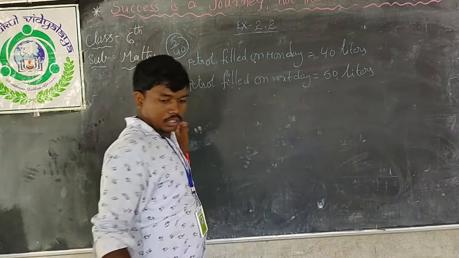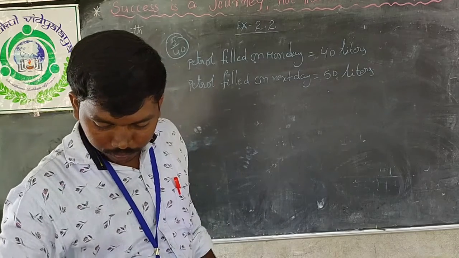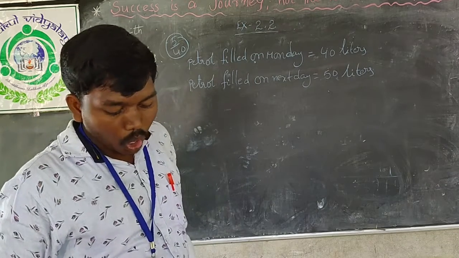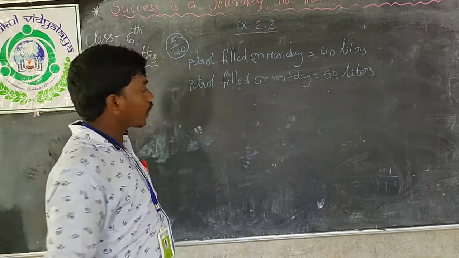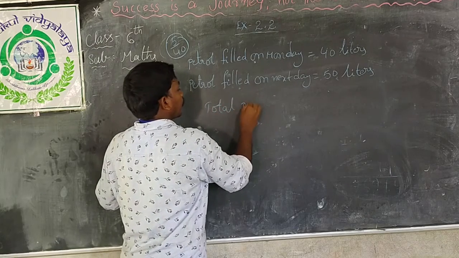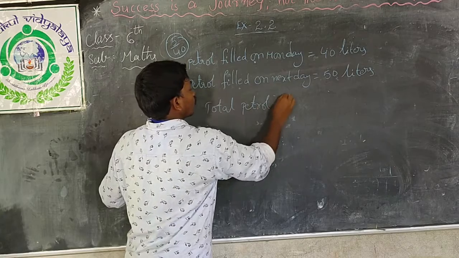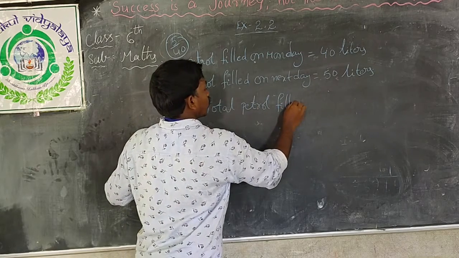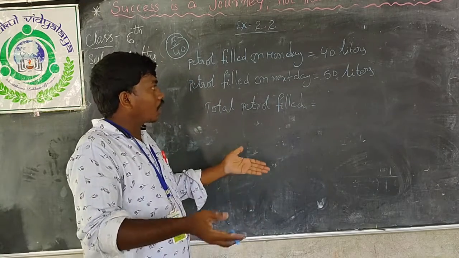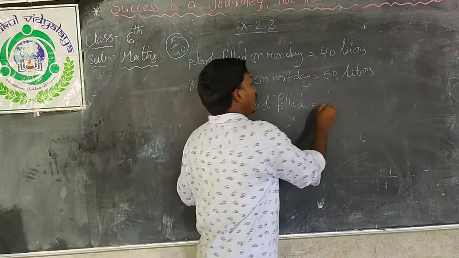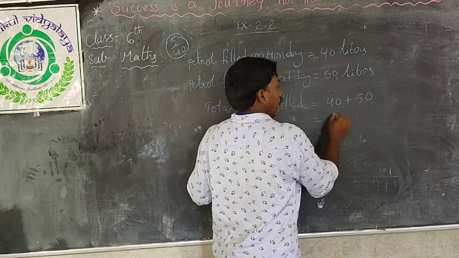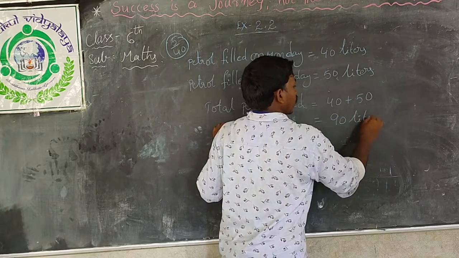See the children. Okay. Next, 40 liters and 50 liters. Total petrol filled. How can you find it? Addition or subtraction? As total means together. Add 40 liters plus 50 liters. Total 90 liters.